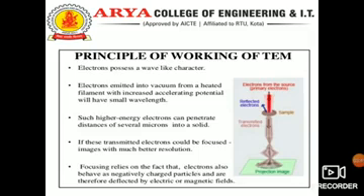Such higher energy electrons can penetrate a distance of several microns into a solid. If these transmitted electrons could be focused, we get an image with much better resolution. Electrons also behave as negatively charged particles and are therefore deflected by electric or magnetic fields.